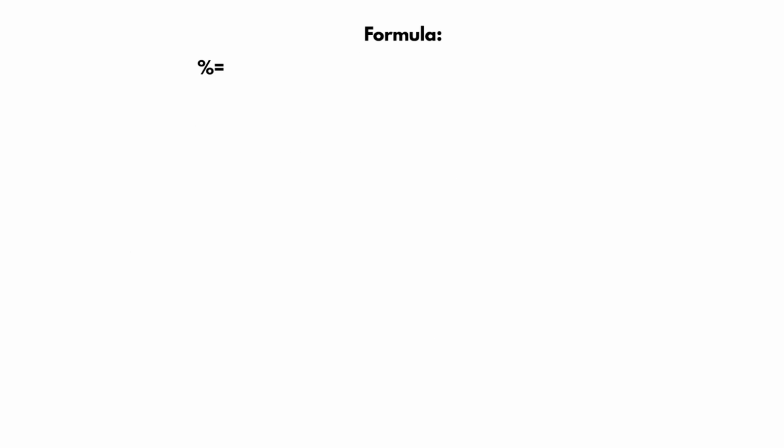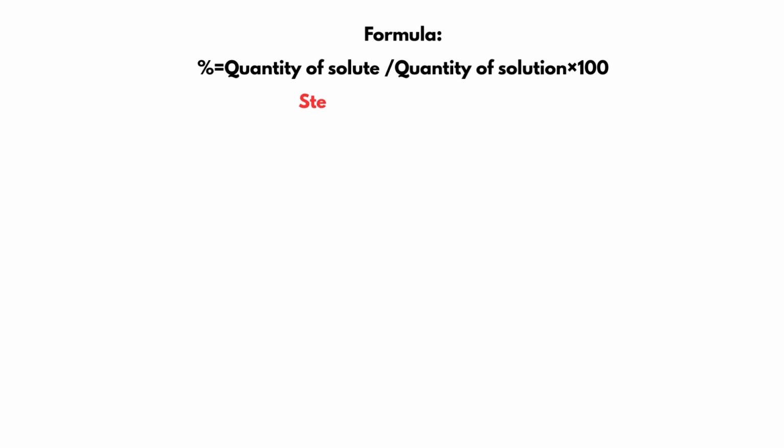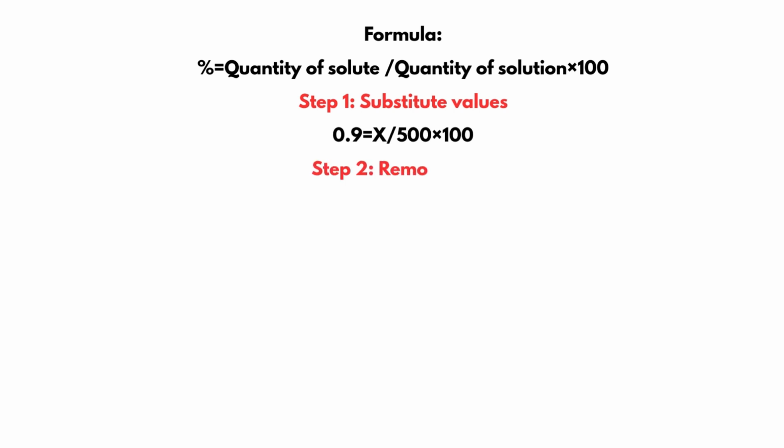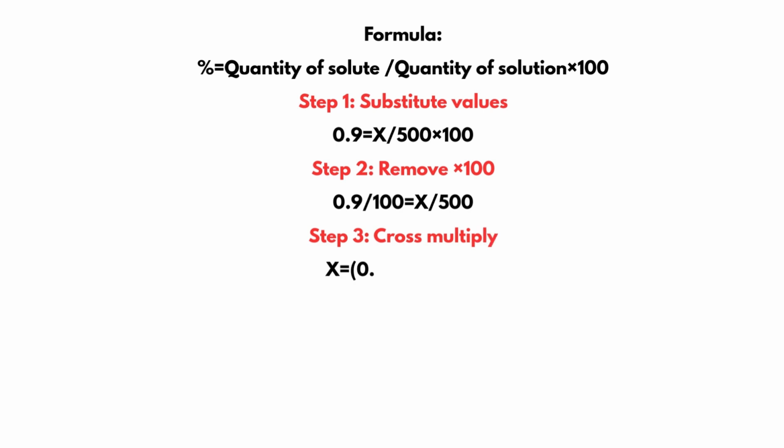First, you need to know the formula for percentage weight by volume solution. Percentage is equal to quantity of solute by quantity of solution into 100. Here we need to calculate the number of grams of sodium chloride required.